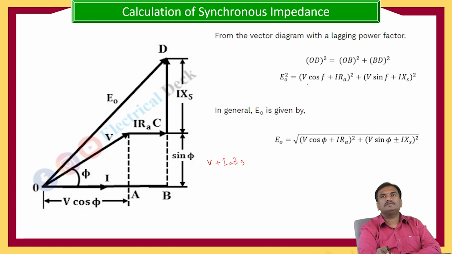Here E naught is given by V cos phi plus IA RA whole square plus V sin phi plus I XS whole square. In general, E naught is equal to the square root of (V cos phi plus I RA) whole square plus (V sin phi plus or minus I XS) whole square. This is the no load voltage.